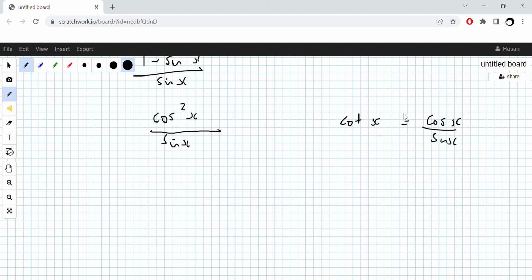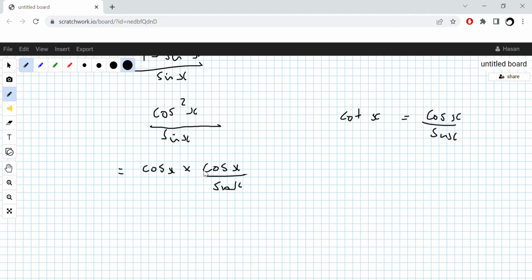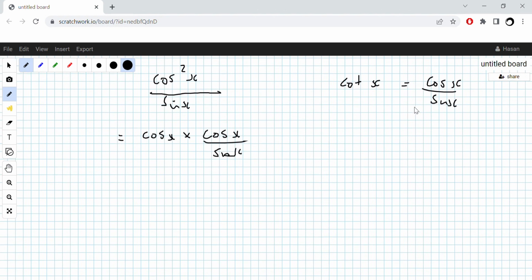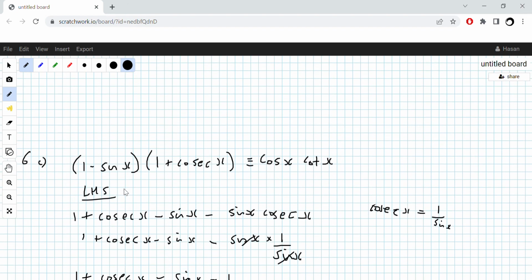Well, yes, we can bring this into that, as we can take out a cos x and write this as cos x times cos x over sin x. And now, as we know cot x equals cos x over sin x, we have cos x cot x, and that's giving us our answer.